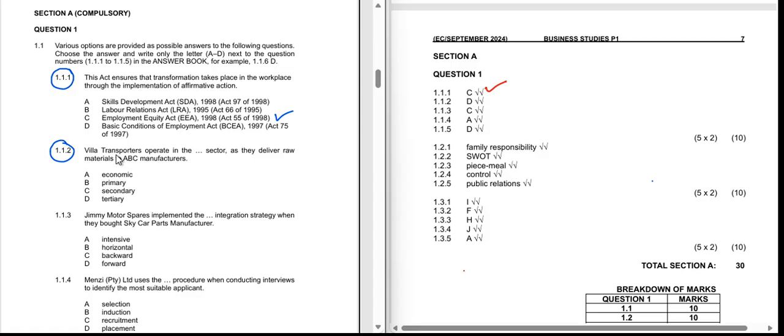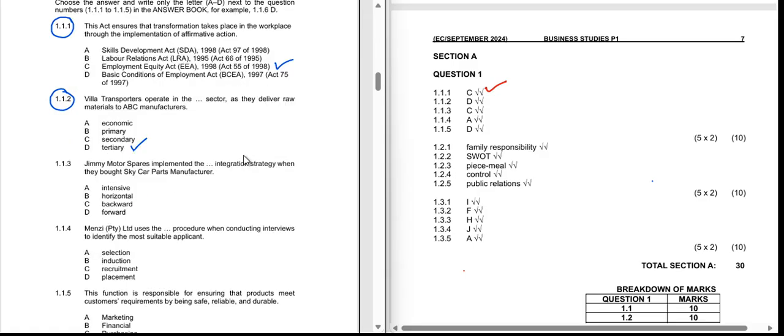So what the Villa transporters are doing here is to provide a service. So this becomes tertiary sector. Once they are providing this service, it's not now about the primary sector. The primary sector is responsible for providing raw materials, but this is a service that they are providing. So this is already tertiary sector. So the answer here is D for this one.